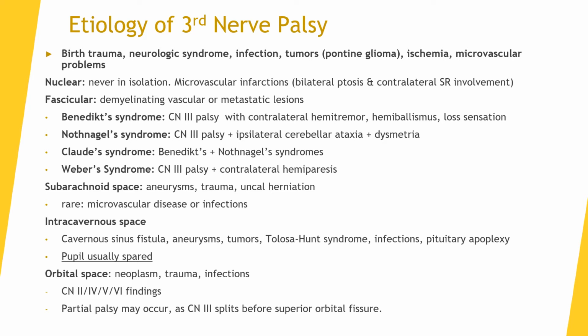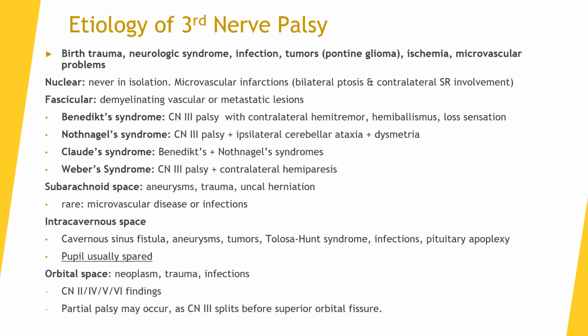nuclear region, as described in our first line there, fascicular, then the uncal herniation and posterior communicating artery aneurysm, both of which go into the subarachnoid space category. The cavernous sinus syndrome occurs in the intracavernous space. The orbital space is also where the third nerve traverses through.